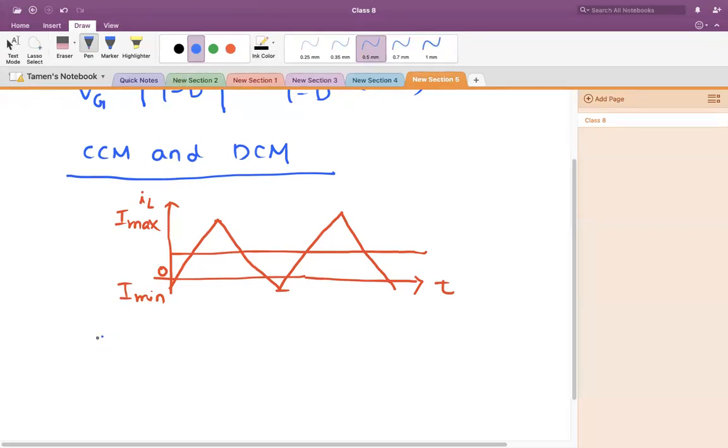So the maximum current I max will be equal to IL plus delta IL by 2.